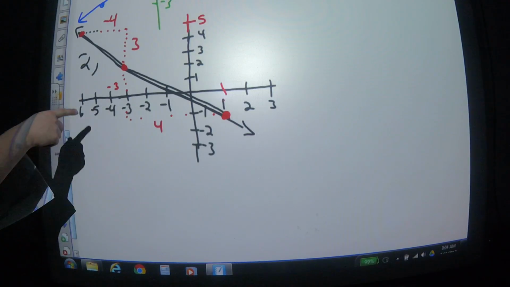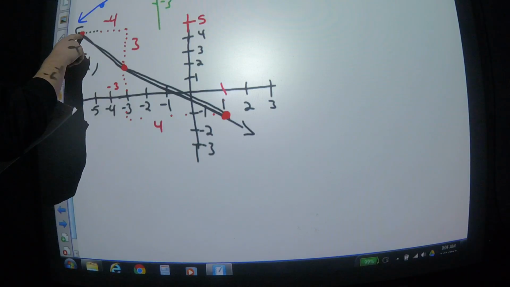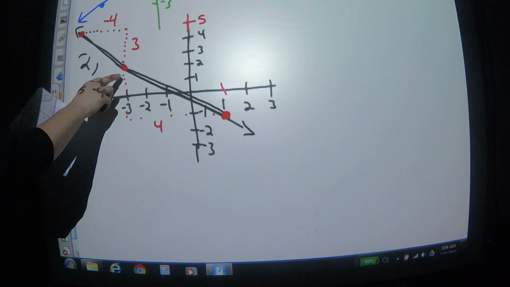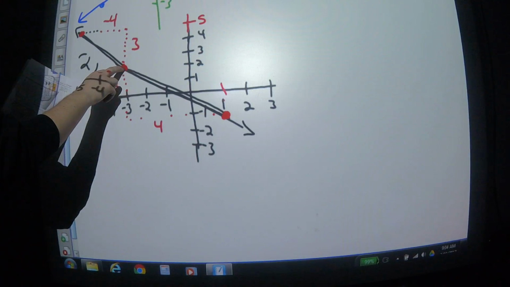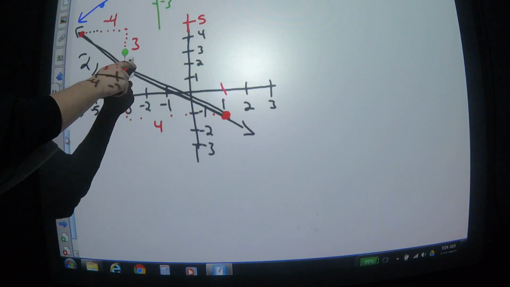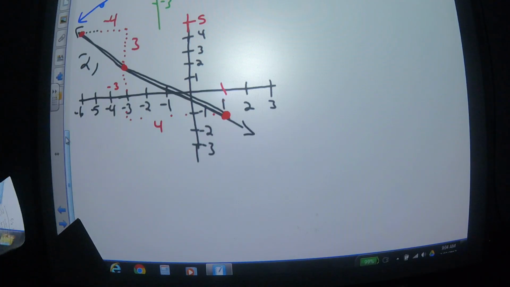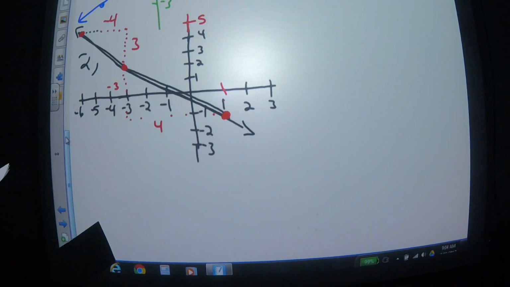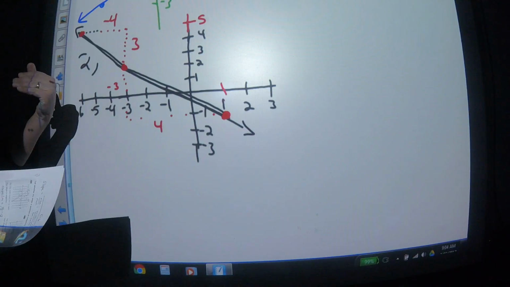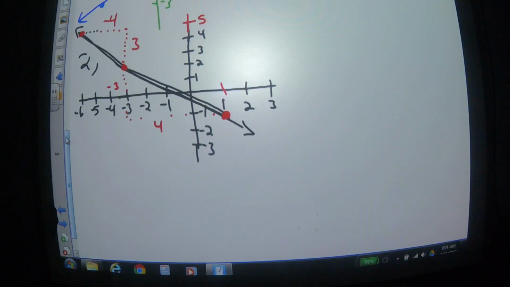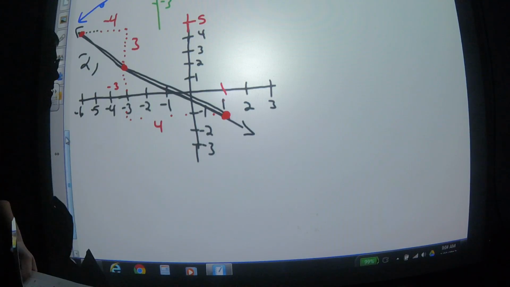Our point is (-3, 2), and that's what we plot first. From there, we're going to use the slope. The slope is -3 over 4, or -3/4. Now, does that mean that we go up 3 and to the left 4? Or does that mean that we go down 3 and to the right 4?